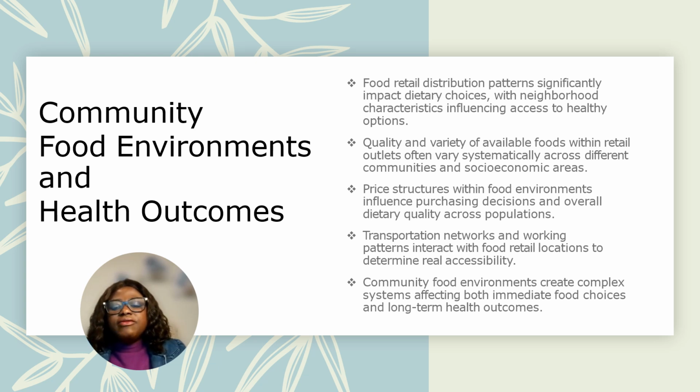Pricing within the environment also differs, and that affects people's purchasing decisions. That can also affect the overall quality of people's lifestyle across the populations. Transportation and working patterns all interact to affect people's accessibility to healthy foods or retail outlets.